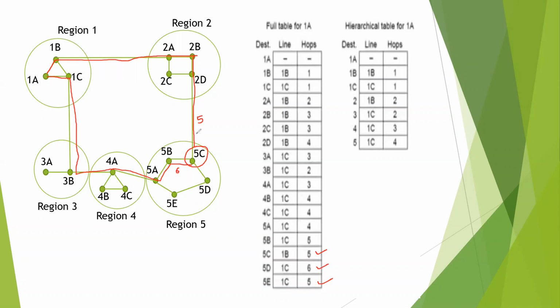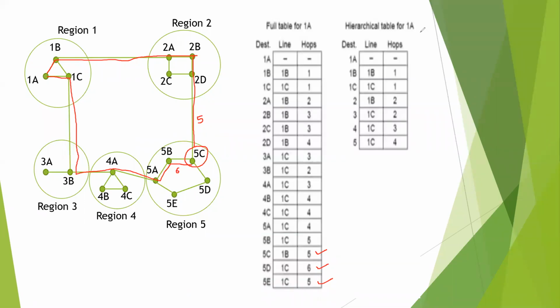If the number of routers increases, the length of this table also keeps increasing. Suppose 100 routers are there in the network, then it should contain all the 100 links, all the 100 lines. All this information should be present with the router, which becomes very difficult to maintain. That's why we go for a hierarchical table.